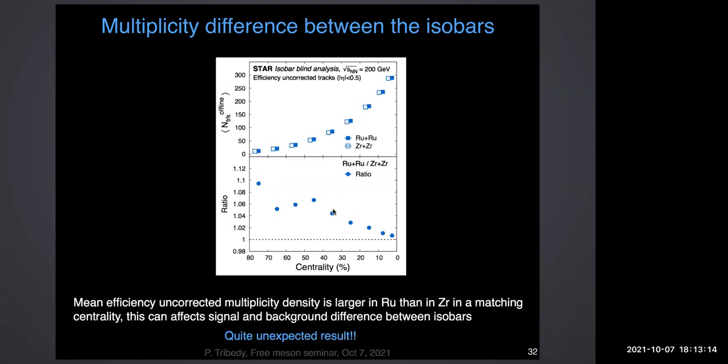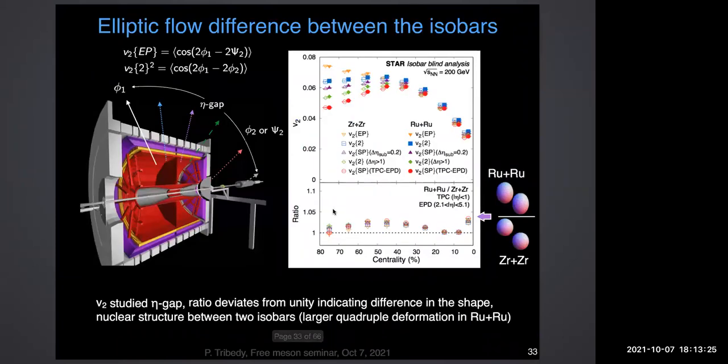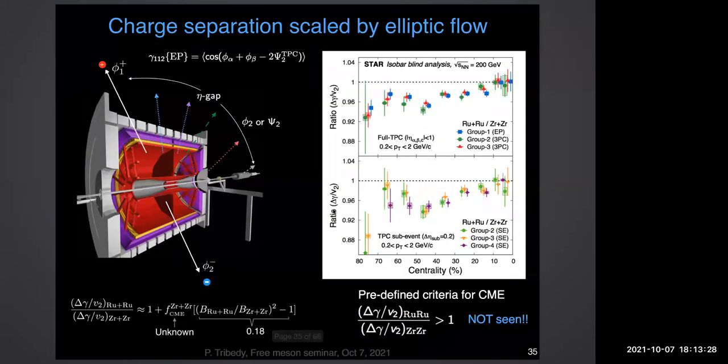Go ahead, Raj. Yeah, Prithwish, the standard way to eliminate non-flow effects is to introduce large rapidity gaps. Right. Doesn't work here, does it? For 3-particle correlation, or in general for any correlation, you introduce rapidity gaps so that it's unlikely or less likely that they're coming from resonance decays or any other non-flow effect.